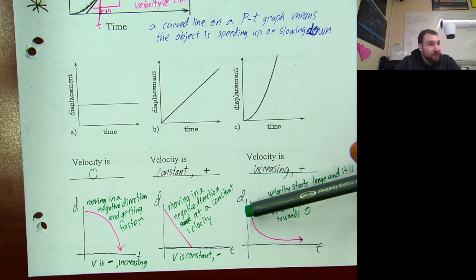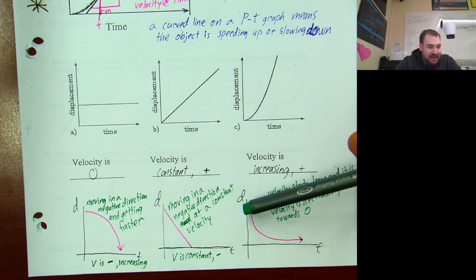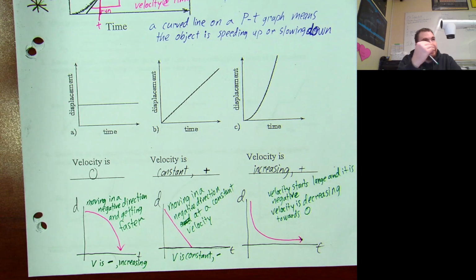So the velocity starts big, it starts negative, and it slows down. So if it's big and negative and getting slower, that means it's still negative, but it's approaching zero. As the object slows down, its speed is ultimately going to reach zero. And a negative velocity just means that our object is traveling in a negative direction. So marching it through step by step, piece by piece, is how I want you to go about thinking it through. Flip the page.